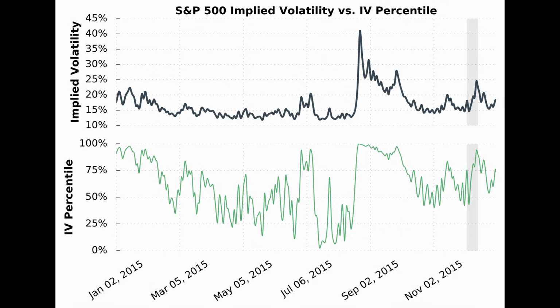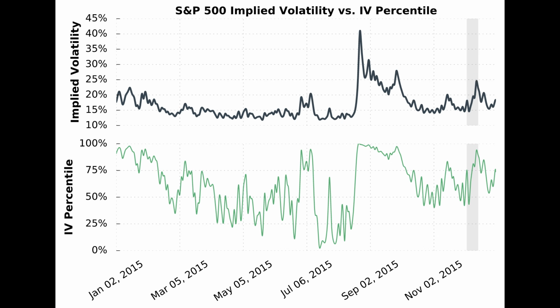As we can see here, even after the spike in implied volatility to 40%, the rise in implied volatility to 25% at the end of the year translated to an IV percentile of 93%, indicating that implied volatility was below 25% on 93% of the trading days over the past year.